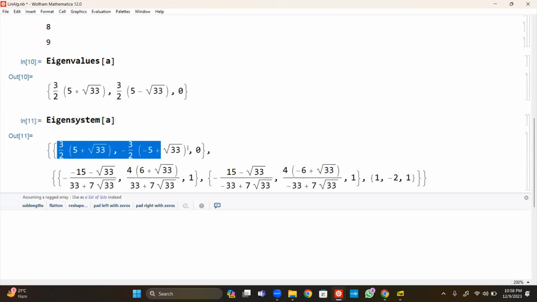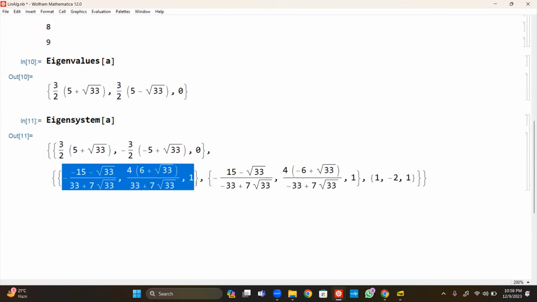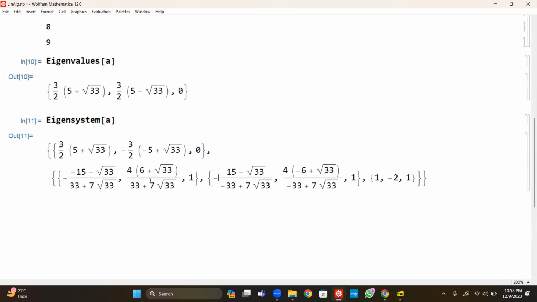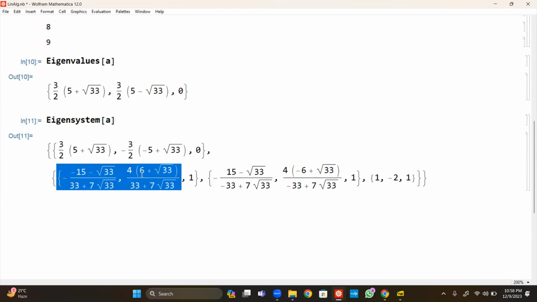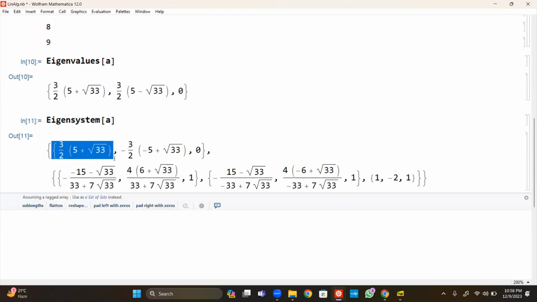So these are the eigenvalues, and these are the eigenvectors corresponding to those eigenvalues. The serial order is maintained: the first eigenvector here corresponds to the first eigenvalue here.